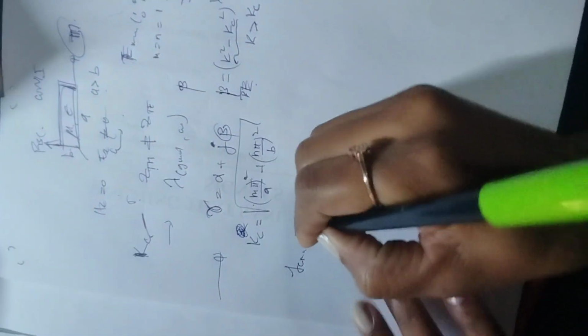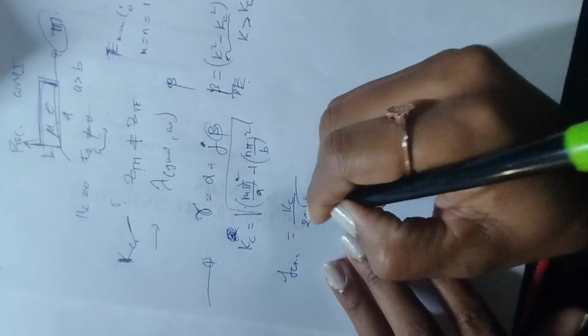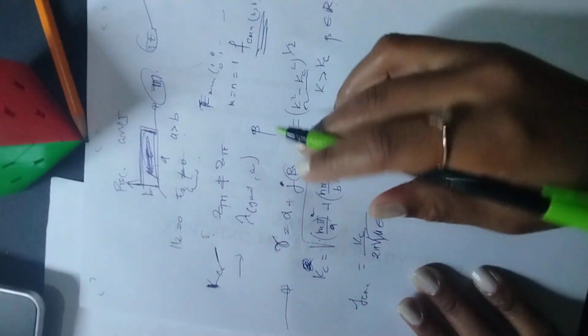Now, the very important one is the cutoff frequency. What is the cutoff frequency? fc_mn is kc over 2π times the square root of the permittivity and the permeability of the medium we are in.